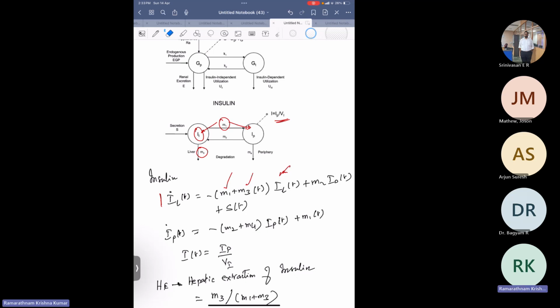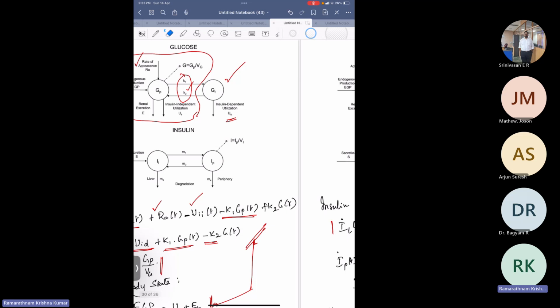So these two things are I dot L. Plus, when there's a secretion, assuming that there is some secretion, I have to add that secretion. So that is plus SO, that is the secretion. So again, mass balance.